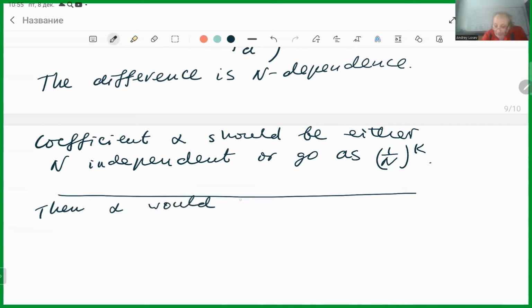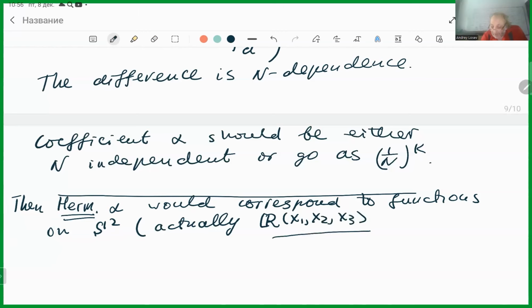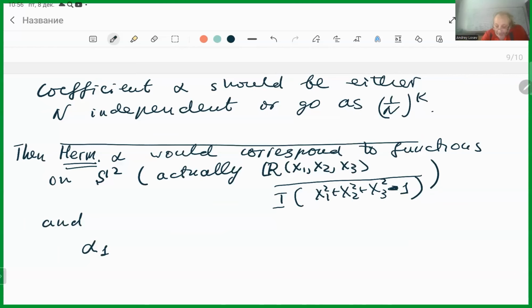Then Hermitian alpha would correspond to functions on S2. Actually, R, x1, x2, x3, and here is a relation: the ideal generated by x1 square plus x2 square plus x3 square minus 1. And I may consider the commutator.